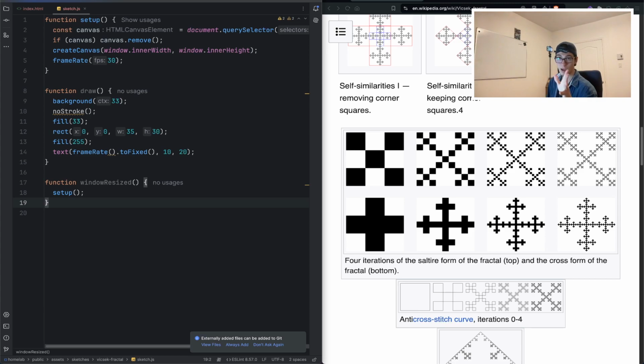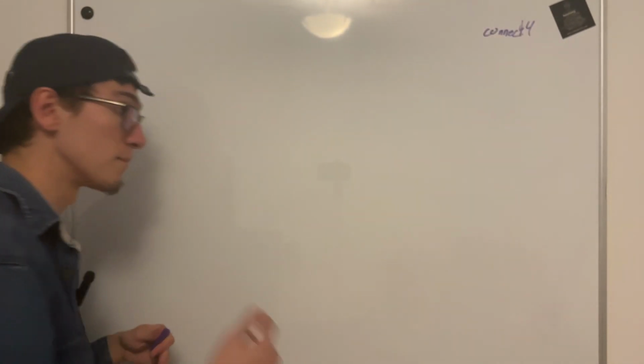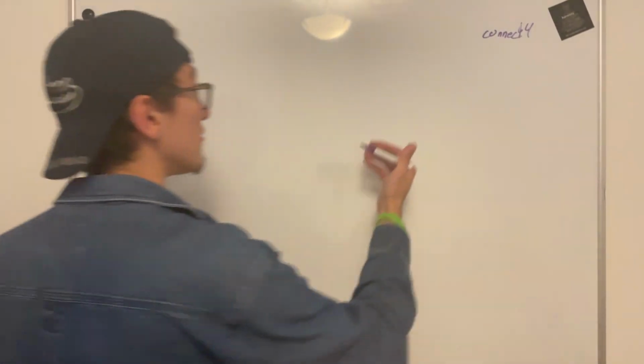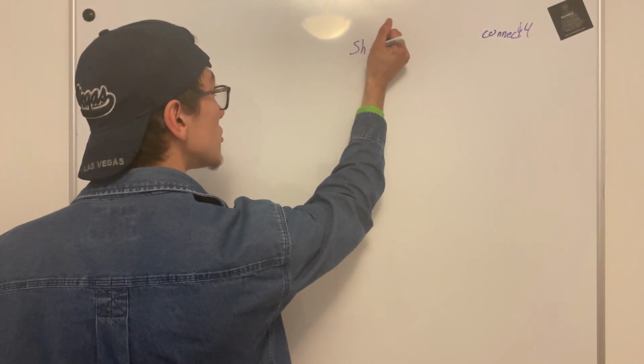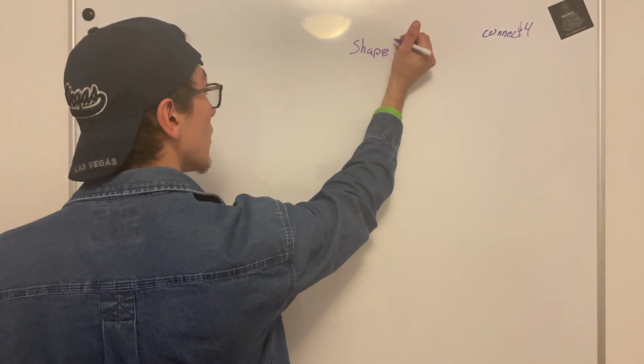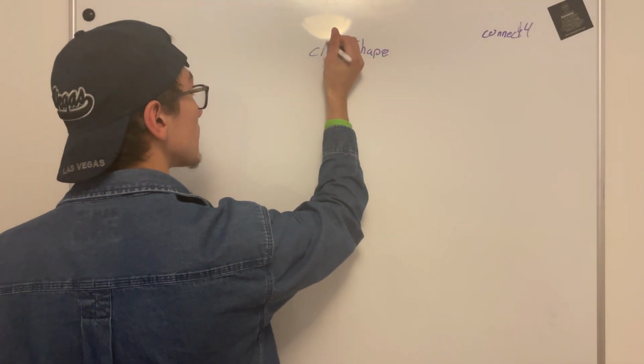I haven't read the Wikipedia page fully, just visually it seems pretty straightforward, and this is because I don't have much time today. So we'll have the concept of maybe a shape, right? So shape, this will be a class.